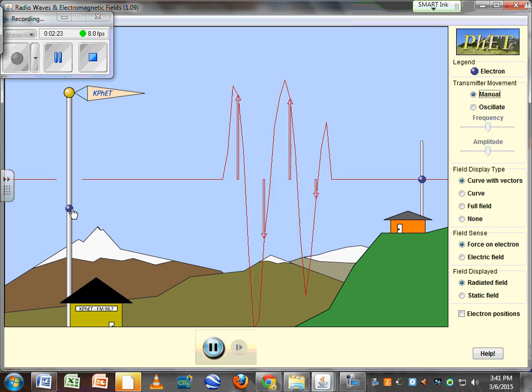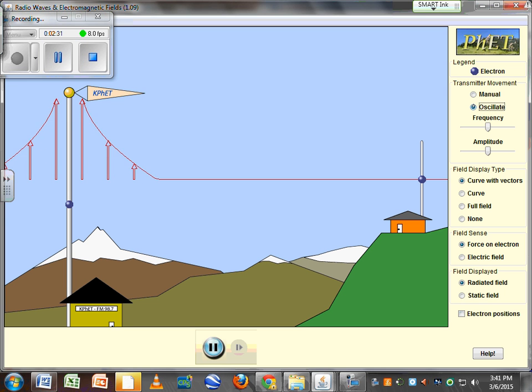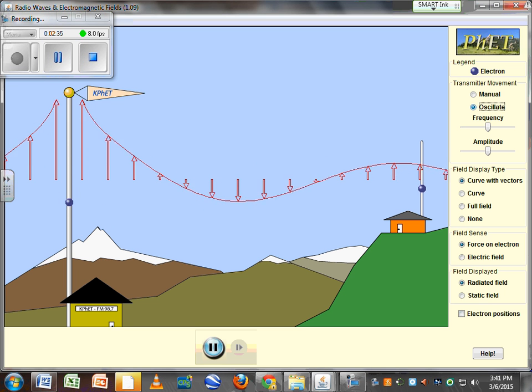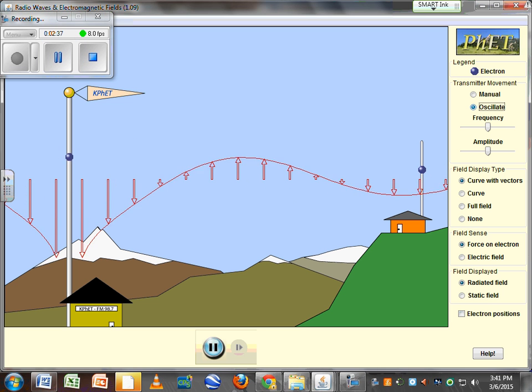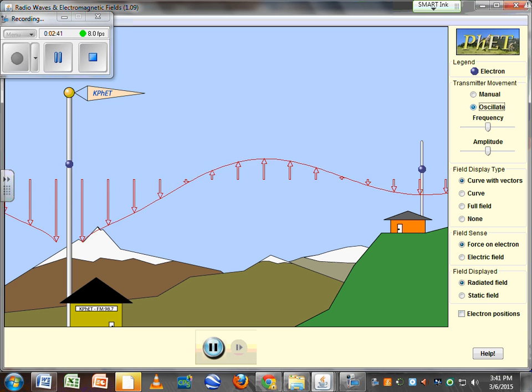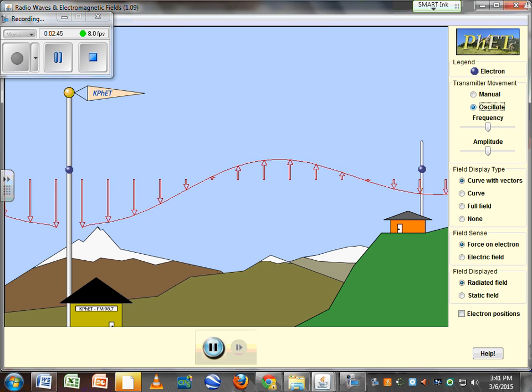You see this wave traveling along, propagating through the air. But what I can do is have it actually oscillate here, and we can see this charged particle moving up and down, sending a wave. The electrons in the antenna would also move up and down at the exact same frequency. So these are electromagnetic waves, radio waves going through the air.